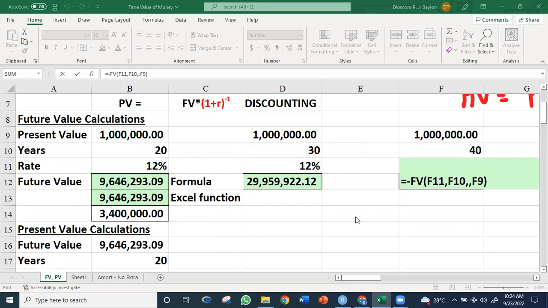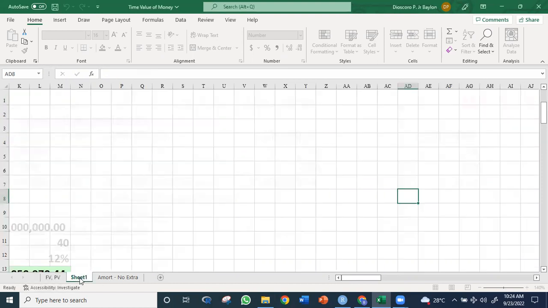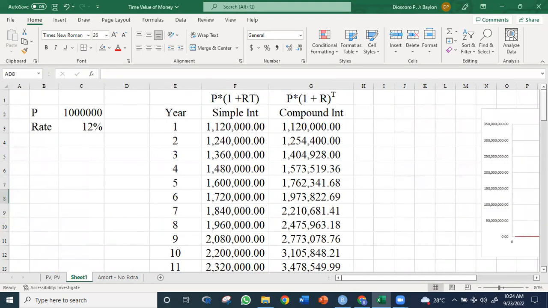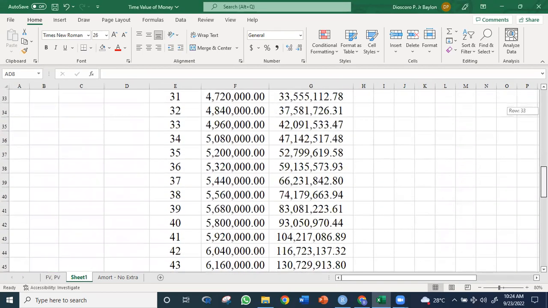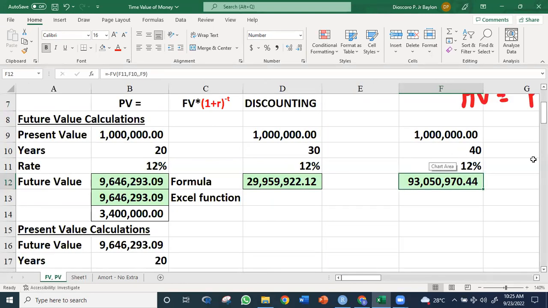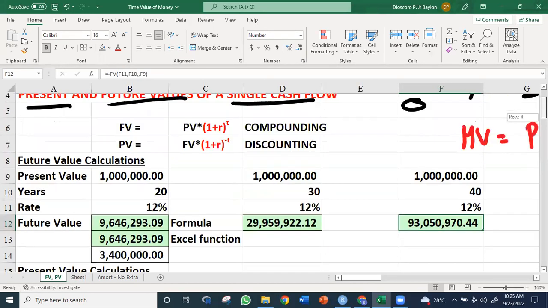Thank you. All right. Actually, we can see that here, right? The 40 years, right? See here, 40 years, 93 million, right? You can see here the compounding.